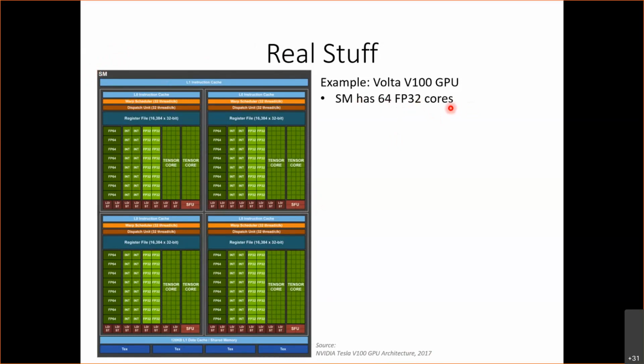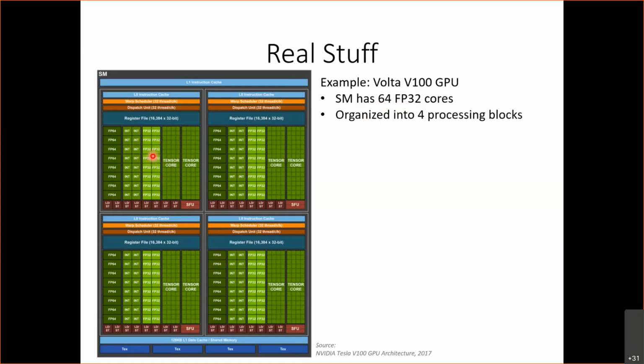When I'm talking about these cores, I'm referring to the floating point cores, because a lot of times what we care about is the floating point operation. So it has 64 FP32 cores. It also has 64 32-bit integer cores. But these 64 cores are actually organized into 4 processing blocks. Here you'll see these FP32 cores, integer cores, and FP64 cores. We have things called tensor cores, which we'll talk about much later in the course.